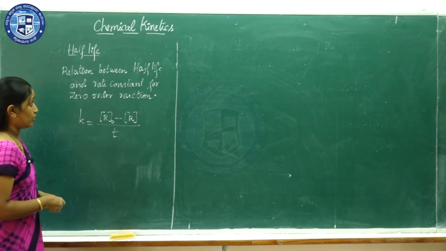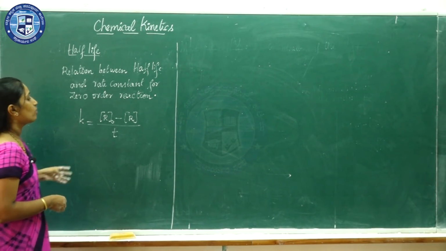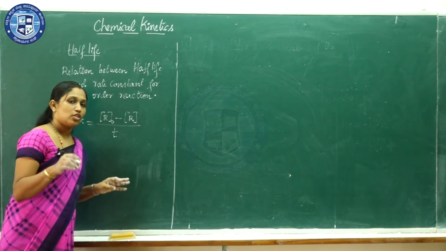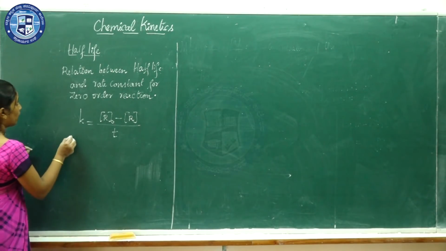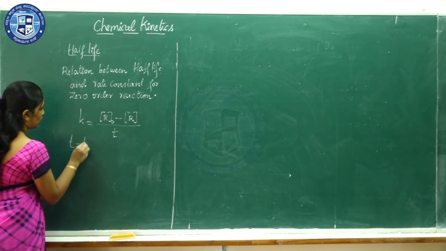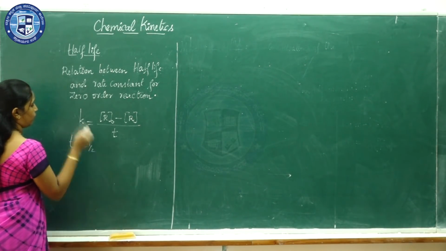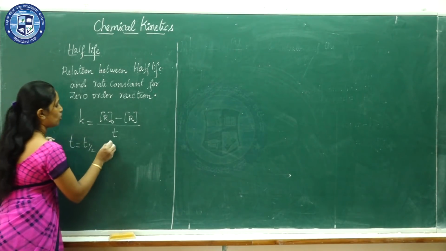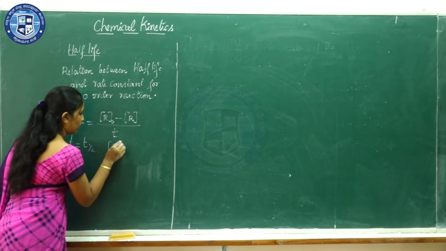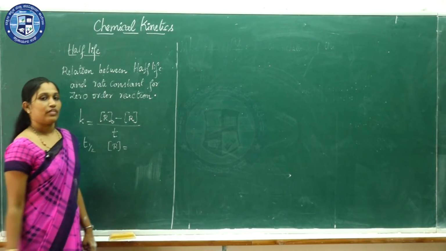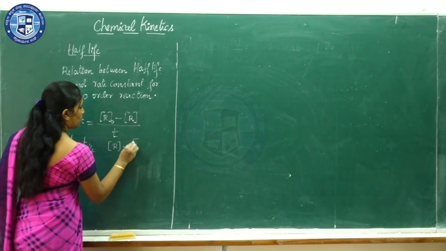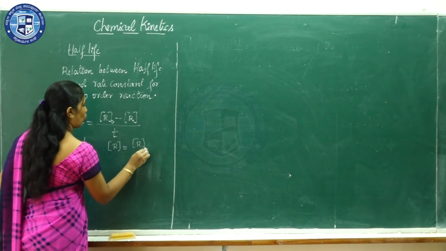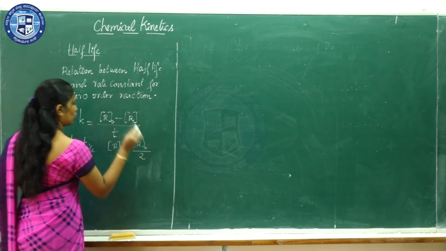As I told you, what is half-life? The time during which the concentration becomes half of its initial value. So when time T is equal to T half, what happens to the concentration of R? The concentration of the reactant reduces to half of its initial value, so it becomes R naught divided by 2.